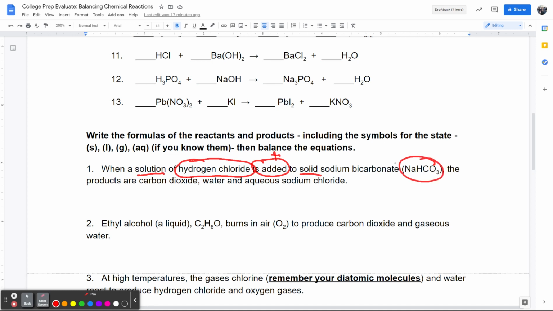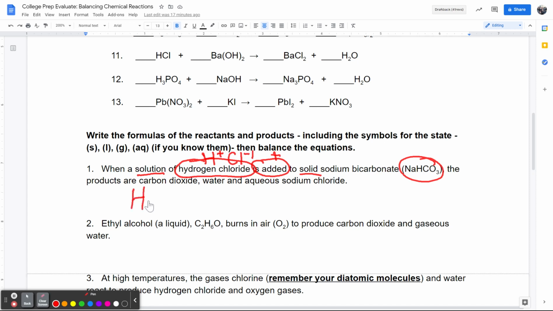So the first thing that I need to see is, what is hydrogen chloride? Well, hydrogen tends to form a +1 charge, and chloride tends to form a -1 charge. So a +1 and a -1 will cancel.